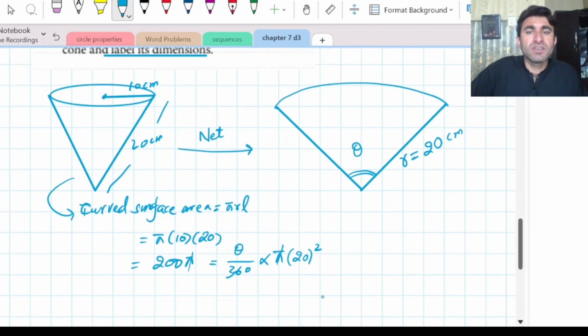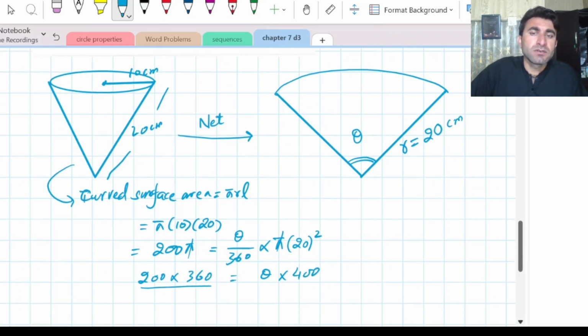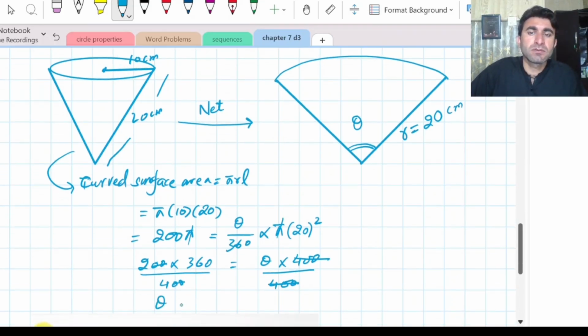Now we move 360 to the right hand side, so it will become 200 times 360 equals theta multiplied by 20 squared, which is definitely 400. So I'm dividing by 400 on both sides. So theta equals 180 degree.